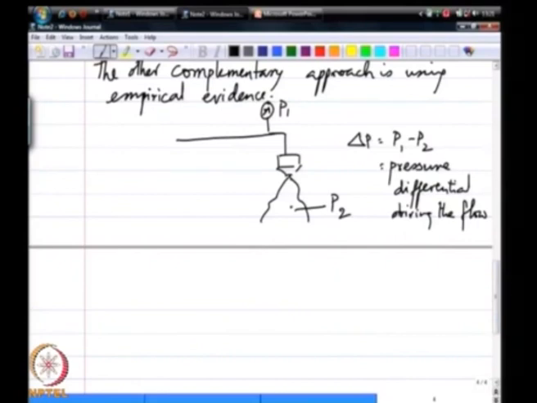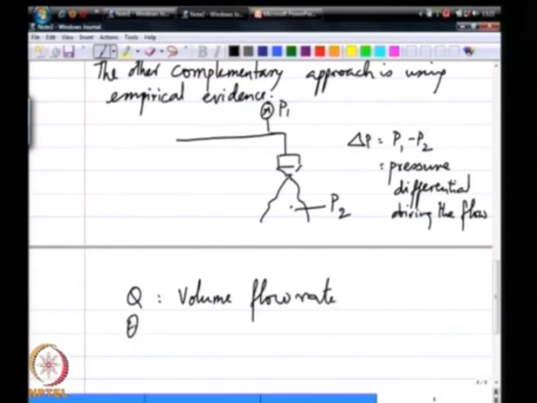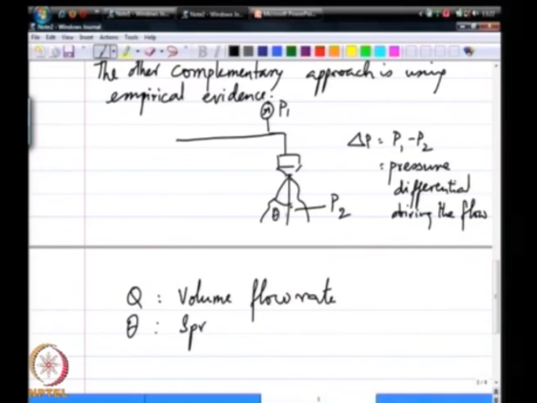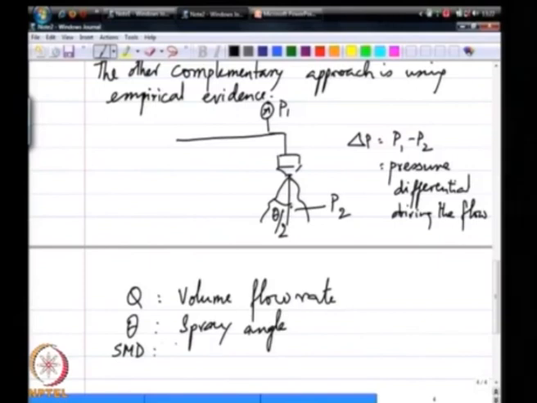In return for the pressure differential I could get some Q, which is a volume flow rate, I could get a spray angle theta. I will call this theta over 2, and I could get some SMD, which is the Sauter mean diameter.